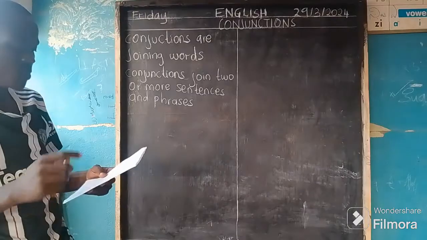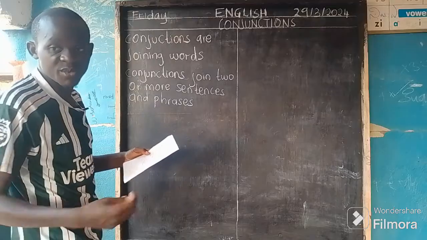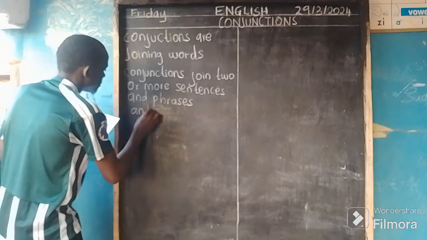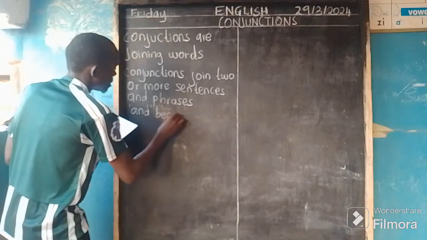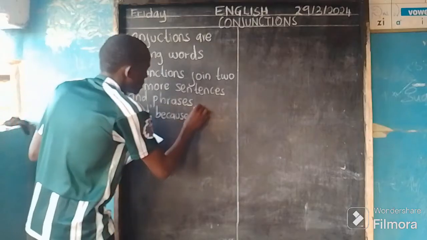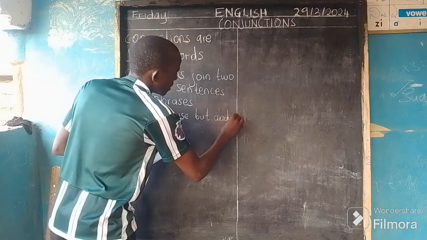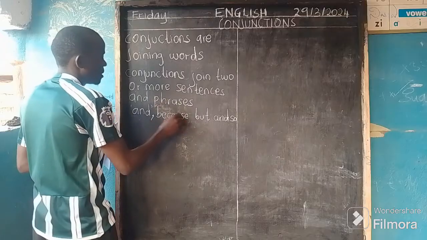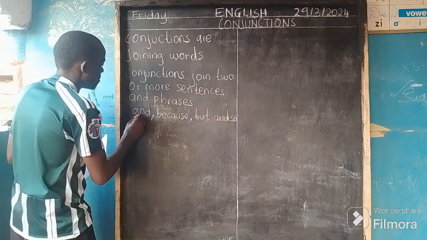So the types of conjunctions that we're going to learn today, there are 4, so you don't use is, you use are. That is and, but, because, and so.